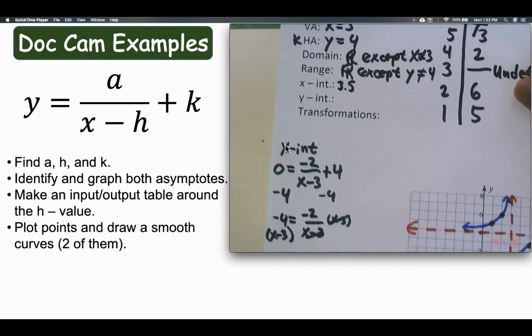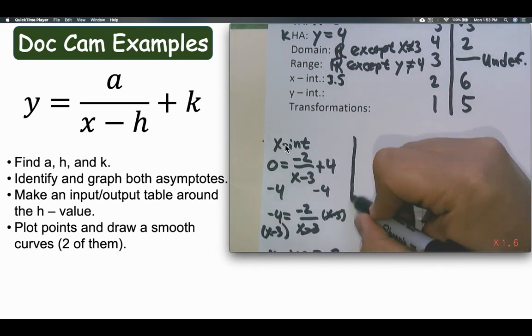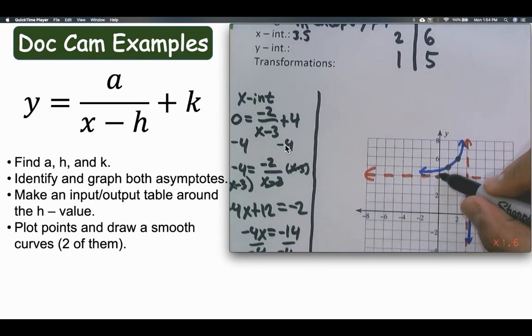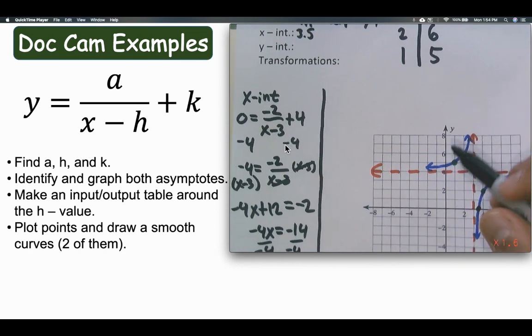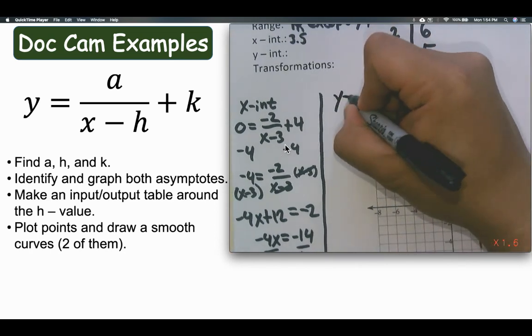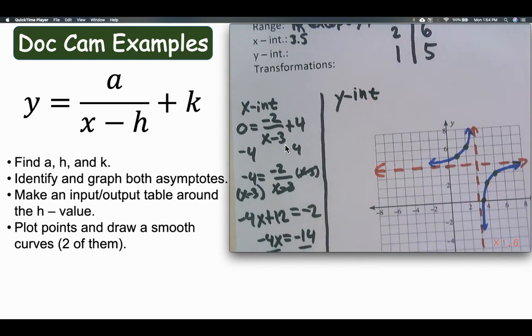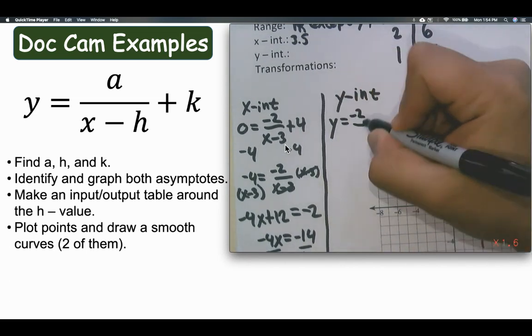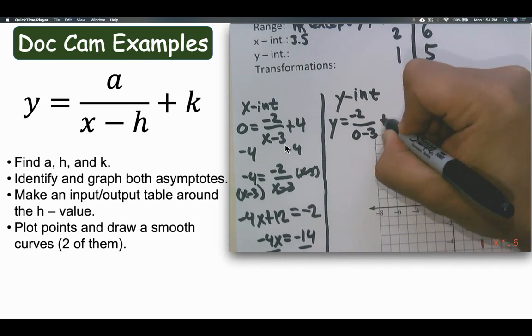Okay. Now let's do our y-intercept. Your y-intercept looks like it's crossing right between 4 and 5. So when we do our y-intercept, it should be between 4 and 5, and we should be good. So y-intercept is y equals negative 2 over 0 minus 3 plus 4.